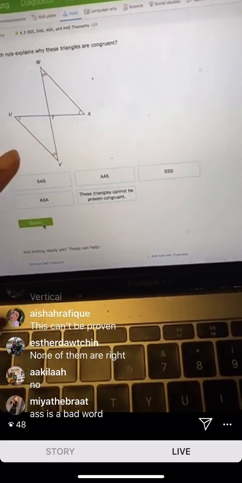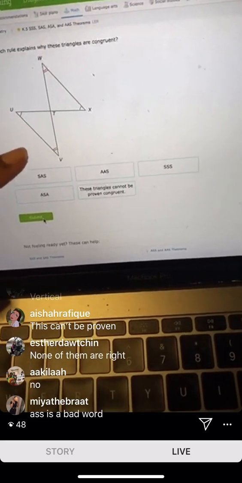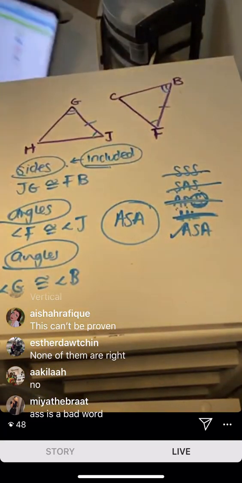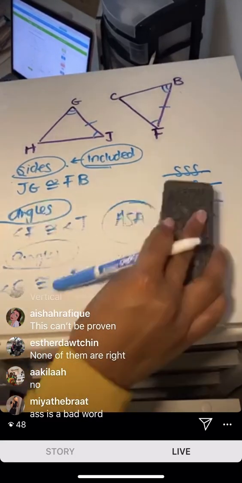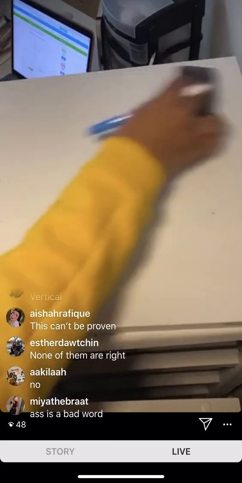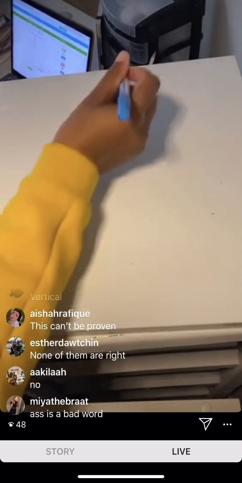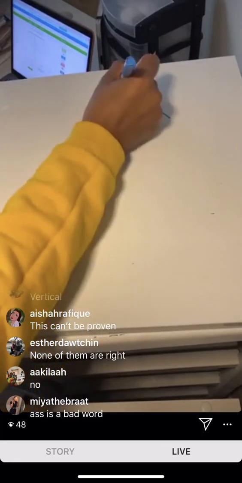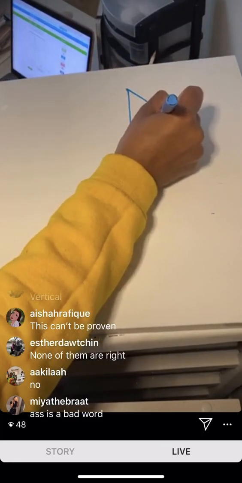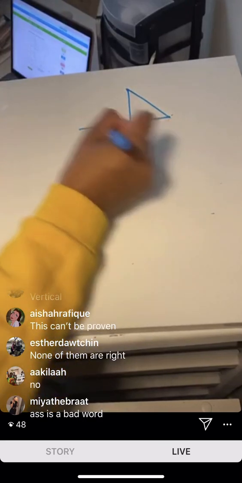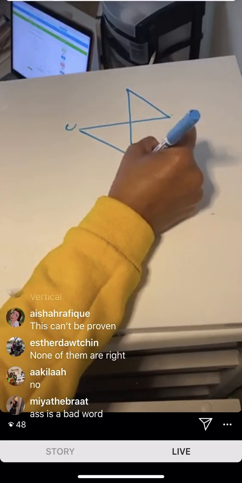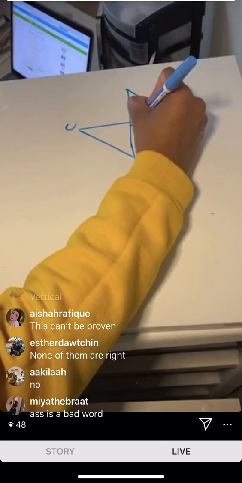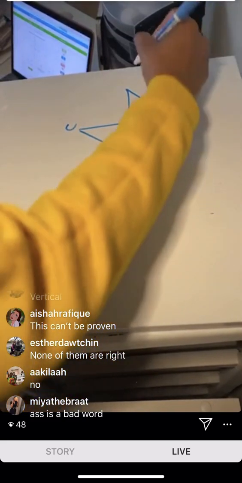Now this one. Let me draw this one out. I'm going to erase these notes right here. UVTXW.